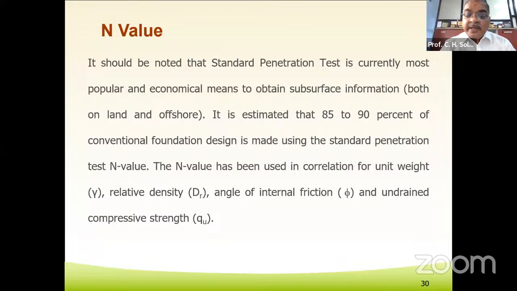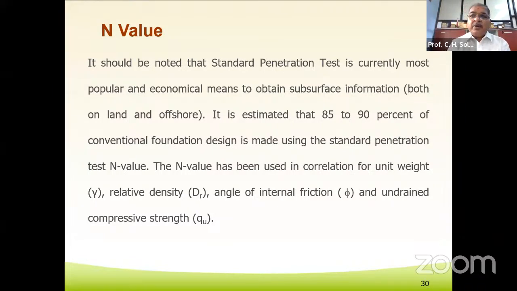The N value has been used in correlation for unit weight gamma, relative density Dr, angle of internal friction phi, and undrained compressive strength Q. As you know, as far as sand or cohesionless soil is concerned, we judge its properties based on the relative density and angle of internal friction.